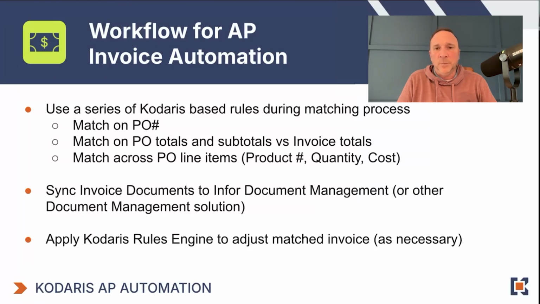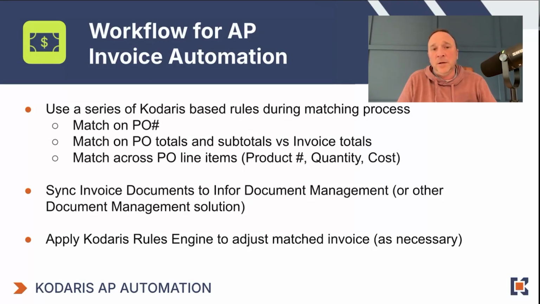So we're going to look at subtotals on the invoice. We're going to look at totals. We're potentially going to look at additional charges or add-on costs associated with that vendor invoice and try to match those to add-ons at the PO level. But we're looking at totals for the sum of the invoice, not necessarily at the line level yet.